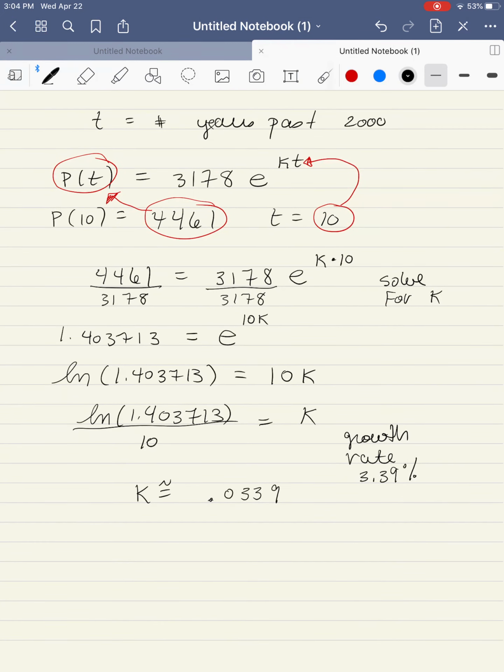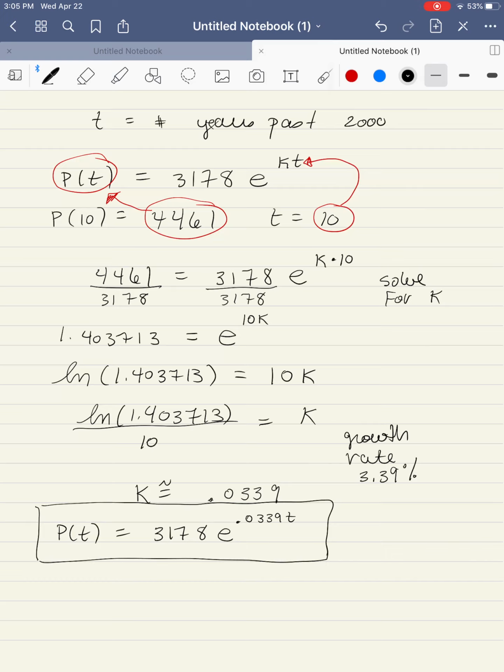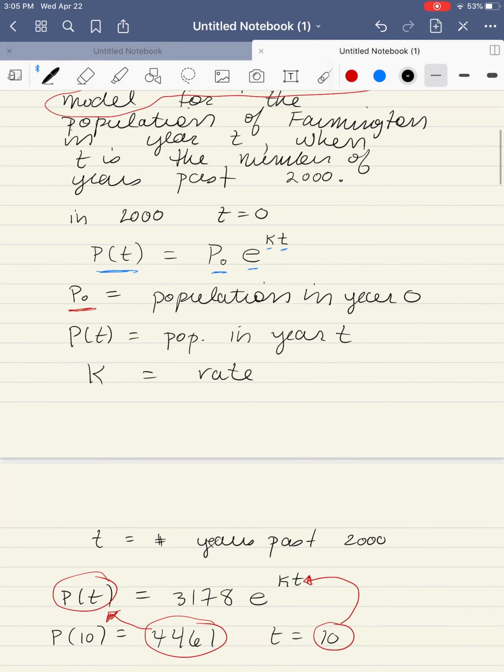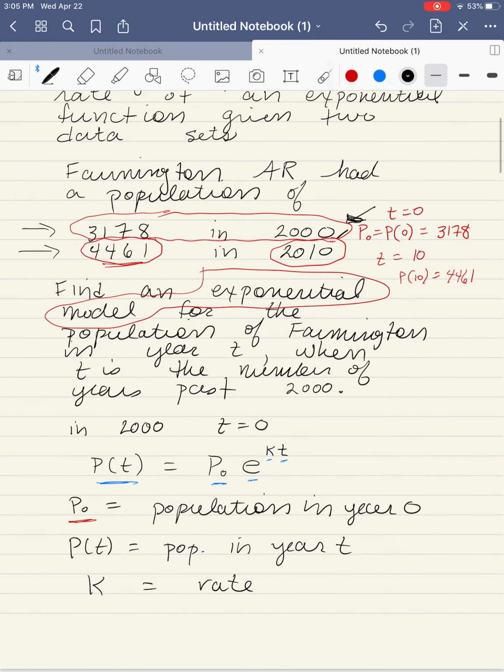But what the problem asked me to find was the model. So I'm actually writing an exponential function. P of t equals 3178 e, and now I'm going to put in the k that I just found. And this is my exponential model.